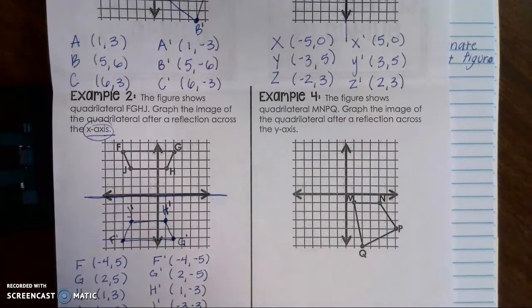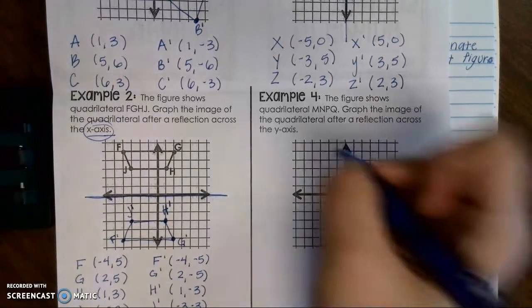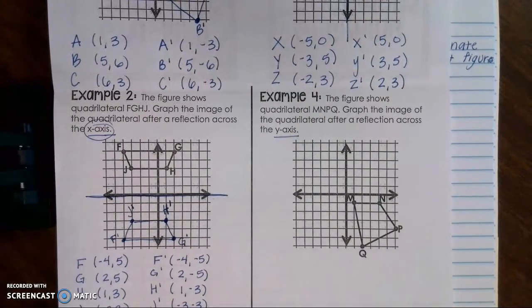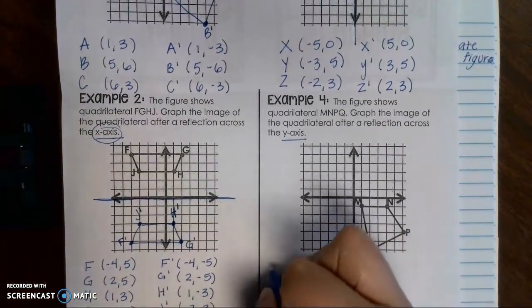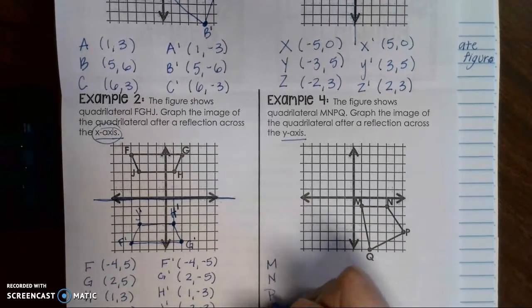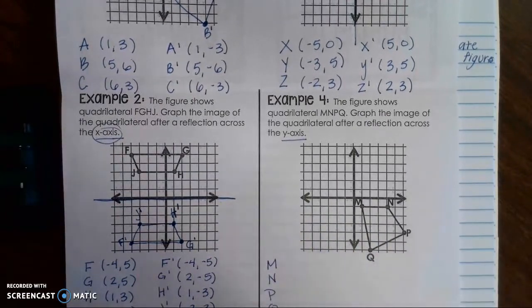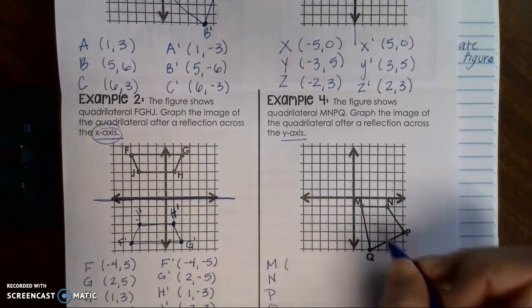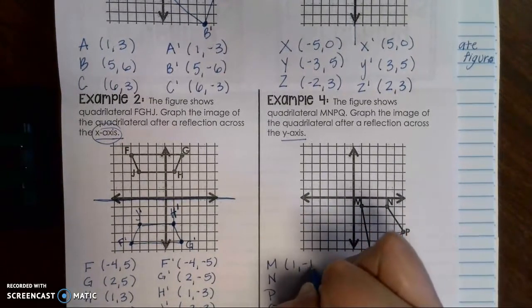Now the figure shows quadrilateral MNPQ. Graph the image of the quadrilateral after a reflection across the y-axis. As always, start by writing down your original coordinates. M is at 1, -1.